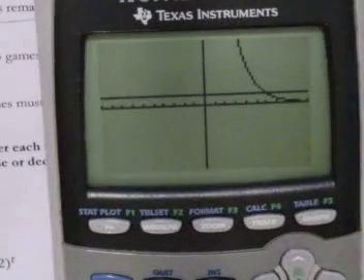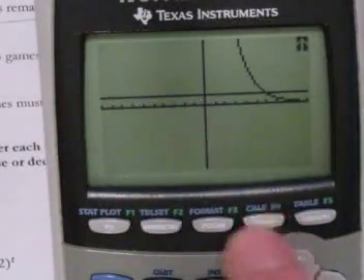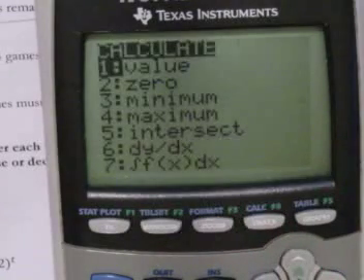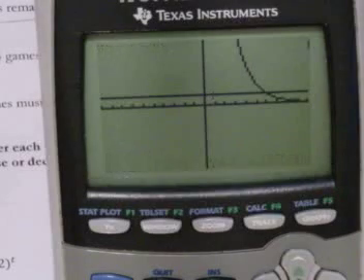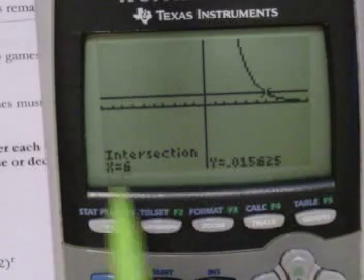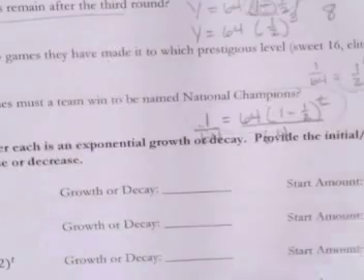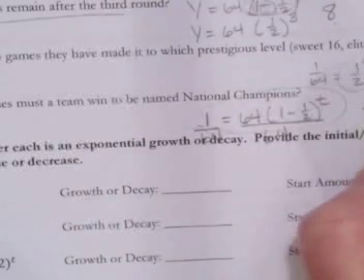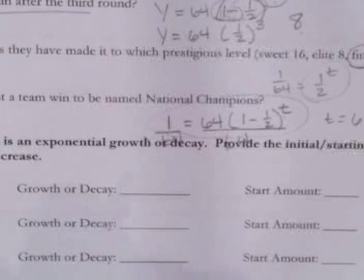And I can see my intersection right there, so that's the point I want to find. And I'm going to again do second calc. And I think you've seen me do this enough, you don't need me to walk you through the steps. And it says after 6 rounds, I'm down to 1 national champion. So T is equal to 6 in this case, and I have solved for my exponent by graphing. So this is it for video 1 of Wednesday's videos on exponential growth and decay modeling.